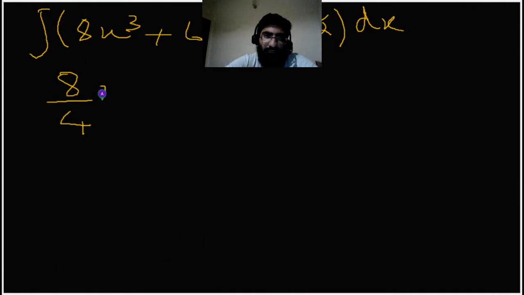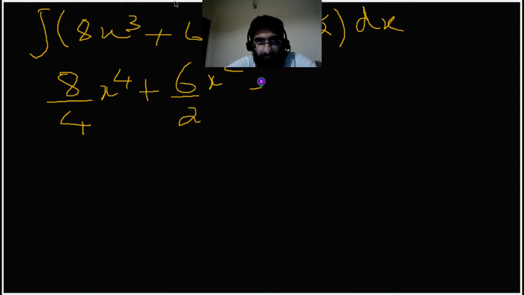Okay, so then this 8x cubed plus 6x minus 3x minus half whole d of x, and so then becomes 8 by 4 x 4 plus 6 by 2 x 2 minus 3 into 2 by 1 x 1 by 2 plus c.